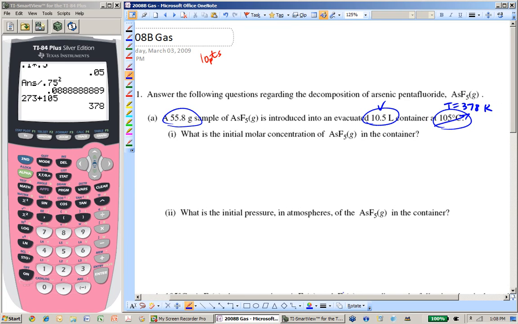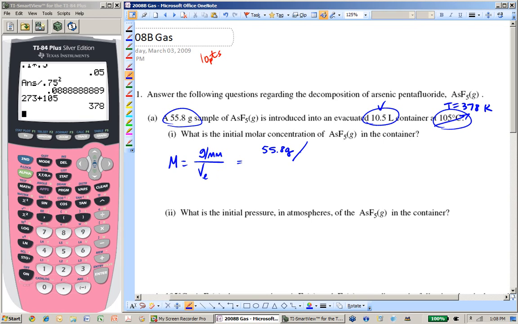Well, that's moles per liter, so let's find the moles. So molarity is equal to grams over molar mass, because that's moles, over volume in liters. I'll put an L that way. And so 55.8 grams divided by, now you got to go get that molar mass.